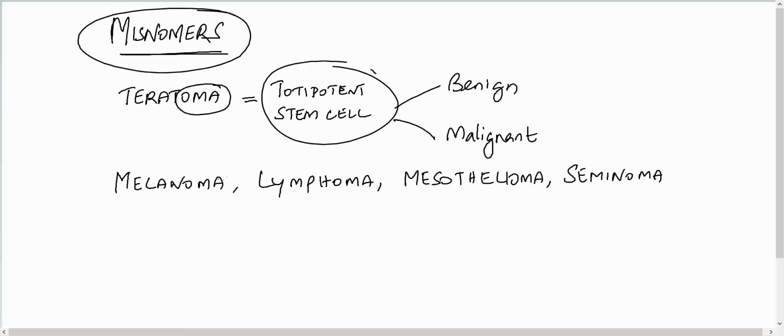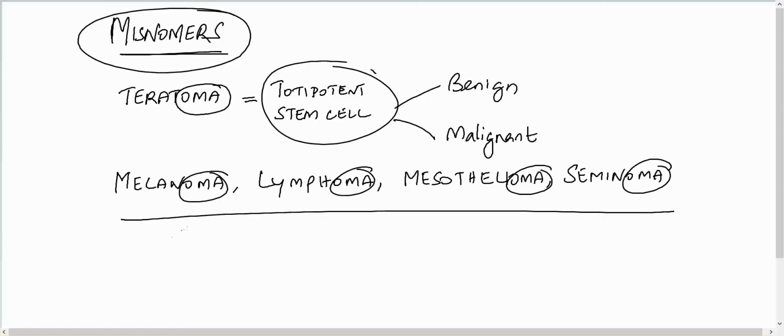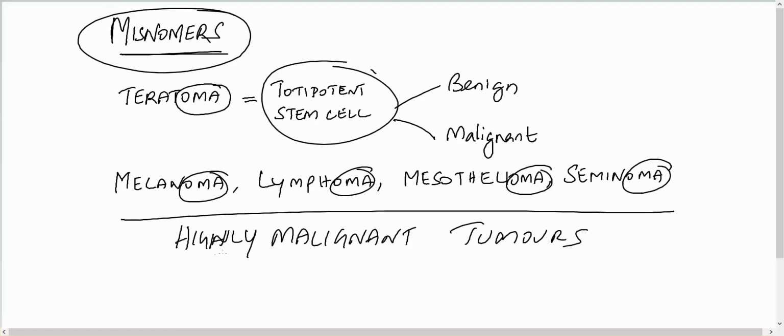So these are the tumors with oma in the end. It looks like a benign in terminology, but they are highly cancerous tumors, highly malignant tumors, very aggressive tumors generally. So they are given a wrong name.